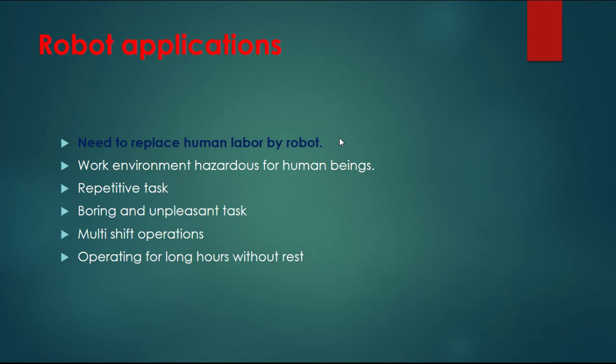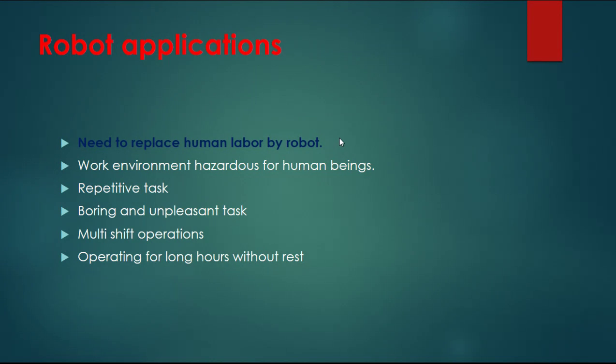Then the multi-shift operations are there, because of the fatigue, because of the same kind of job or the physical challenges we cannot do it with high efficiency. So such kind of jobs are replaced by the robots. And finally, operating for long hours without rest is also a cause for accidents as well as low quality and low output. So such kind of causes happen with the human. So humans are replaced by the robots.